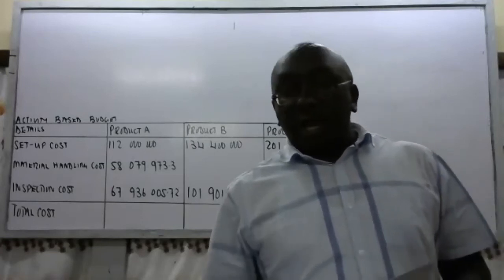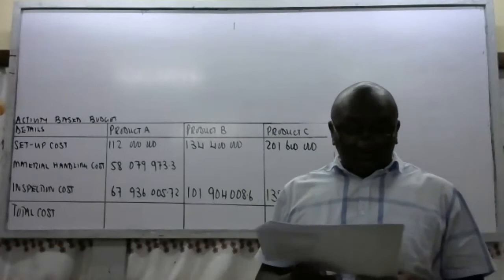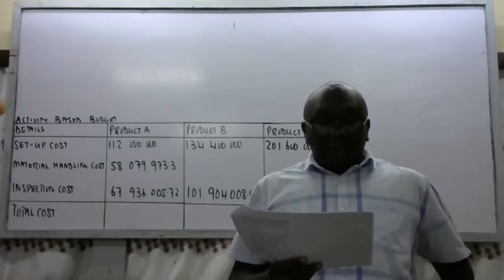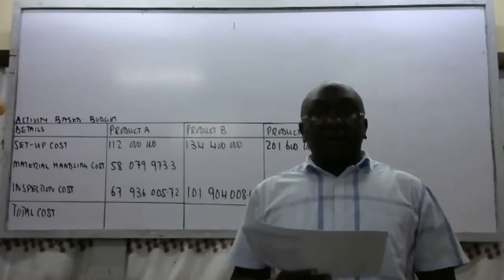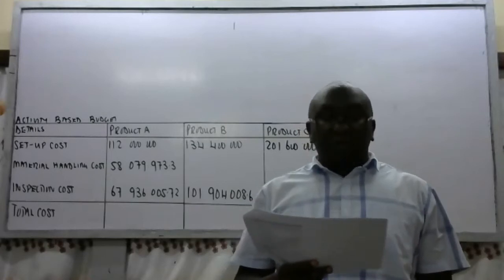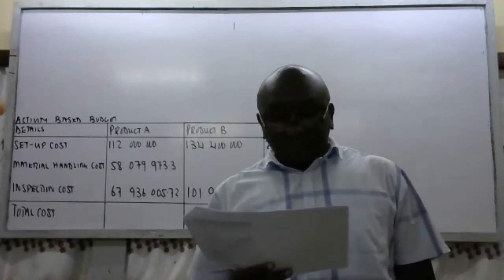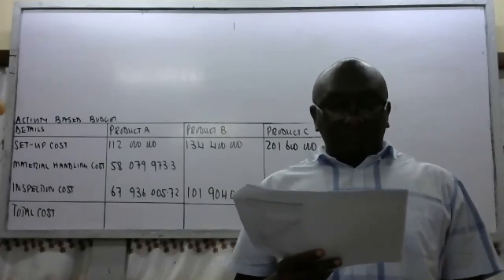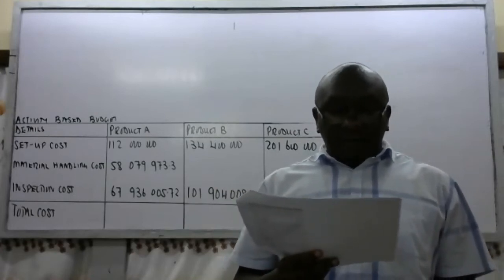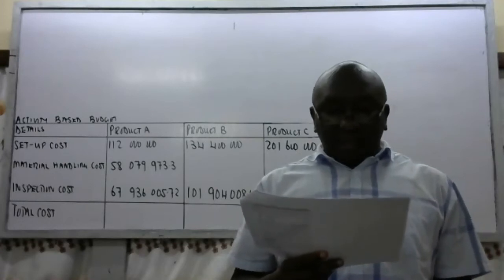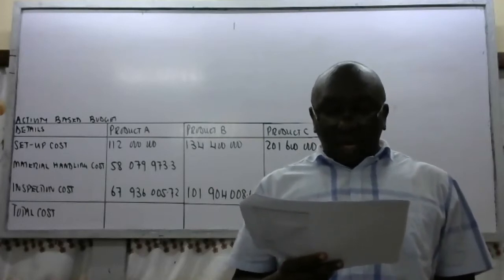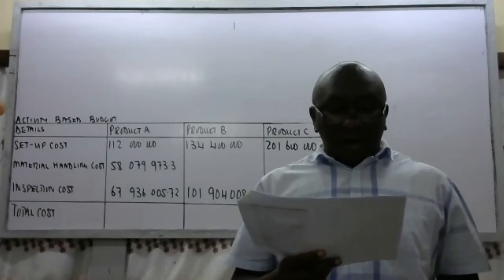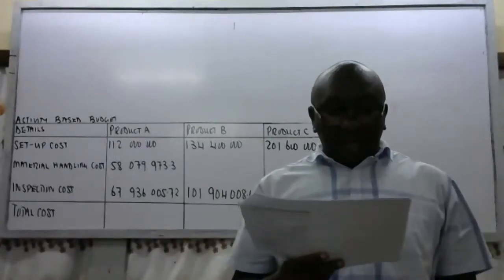Let us go to the next question. PQR Limited is considering introducing a new product. This will involve a fixed cost of 60,000. There are three uncertain factors, namely selling price, variable costs, and volume. The product has a lifespan of 1 year.